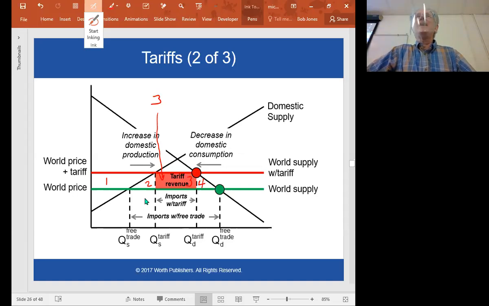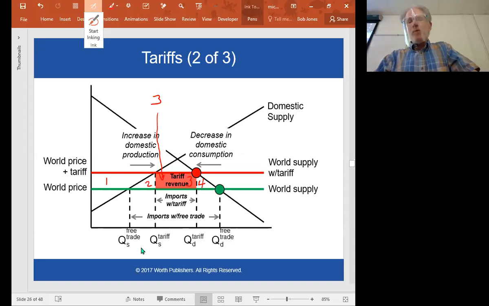Area below the demand curve, above the price line. I would say always say it the same way, even if you're just thinking it, always say it the same way so that it becomes a habit so that you don't make mistakes. Where is consumer surplus? It's always the area below the demand curve and above the price line.